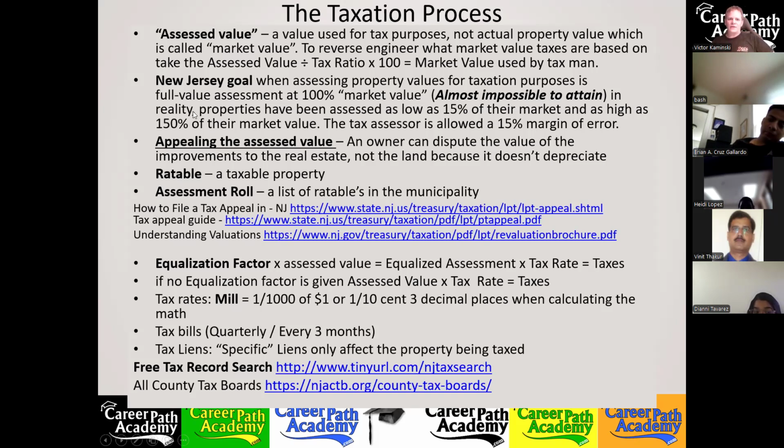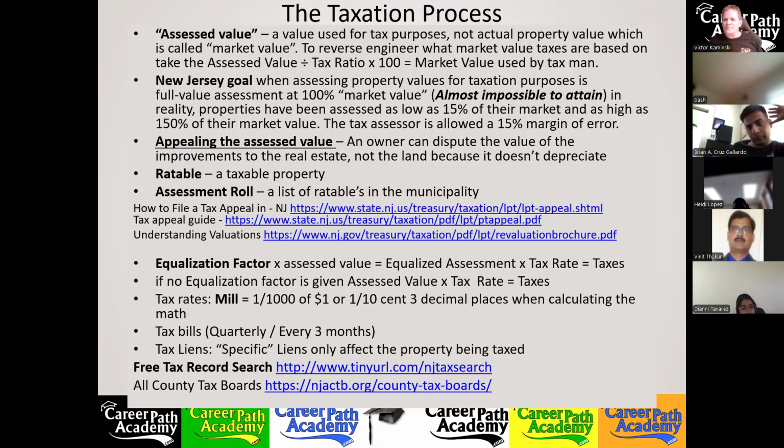Now, in reality, properties have been assessed as low as 15% of their true market value and as high as 150% of their market value. If they assess your property at 150% of its market value, could you do a tax appeal and win it? Yeah, so they're basically reaching their 100% by having this 15% margin of error in there.